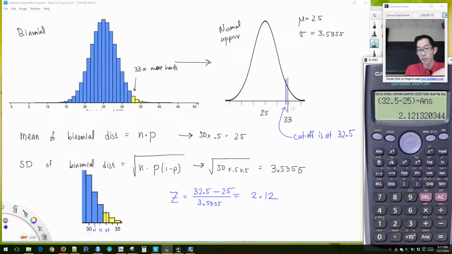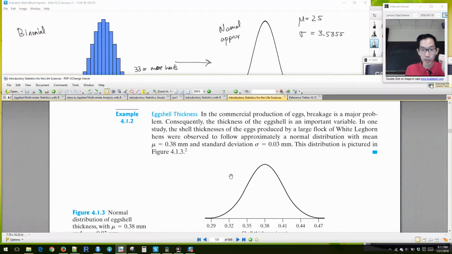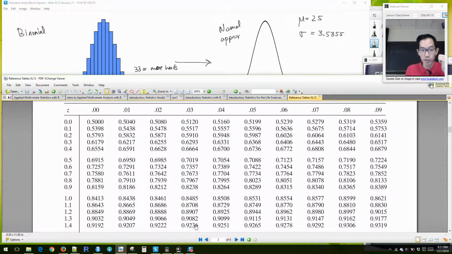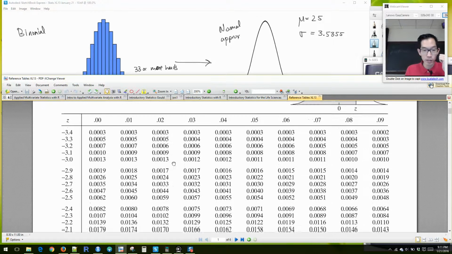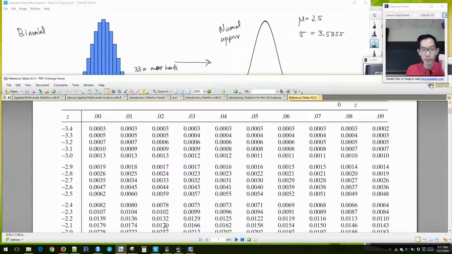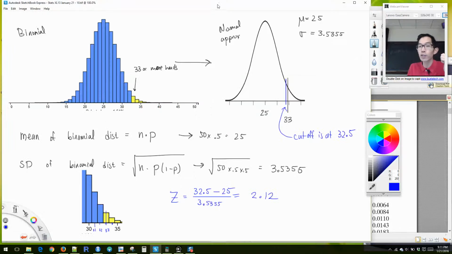And then I want the area to the right of 2.12. So what is the area to the right of z equal to 2.12? Well, I would go to my reference table and find the area to the left of negative 2.12, and I get 0.0170. Or I could find the area to the left of positive 2.12 and subtract that from 1.